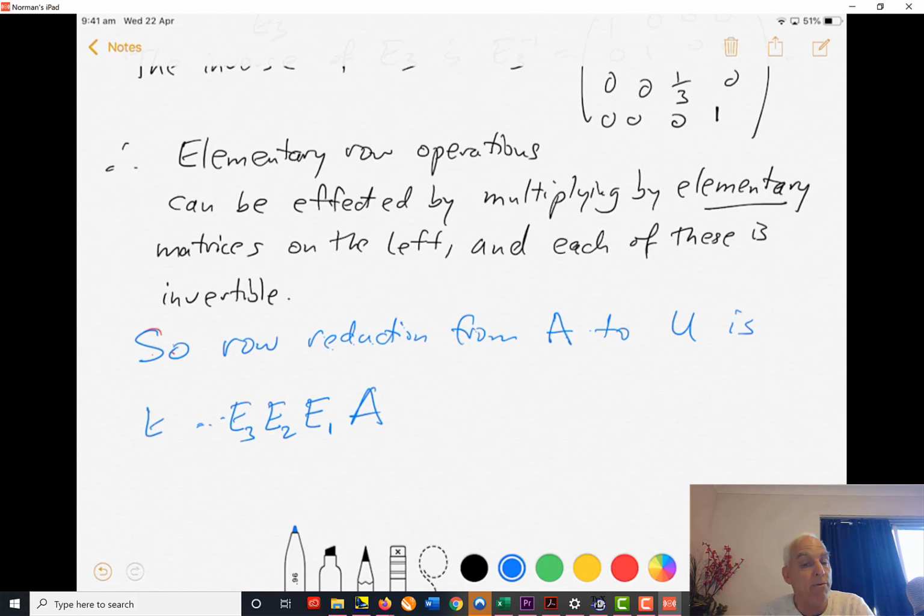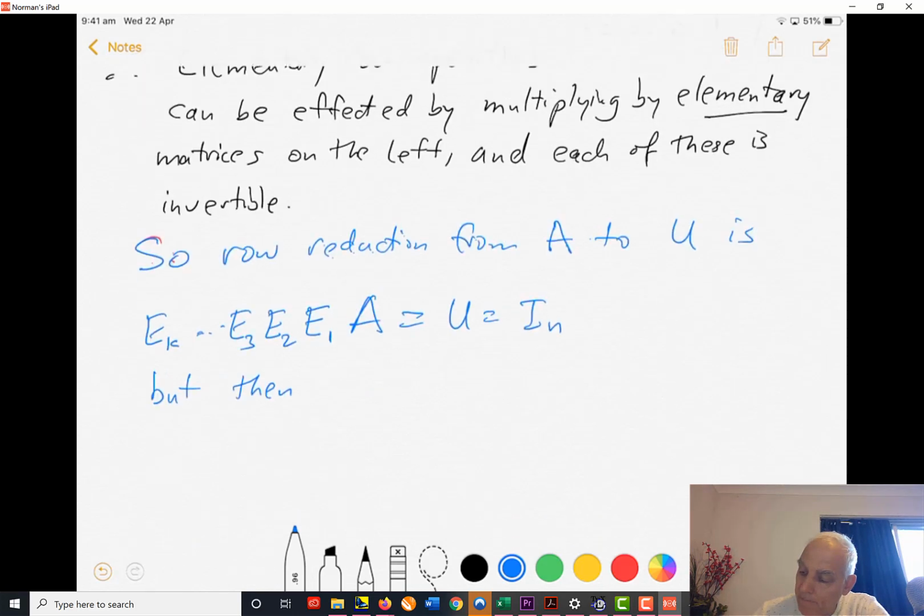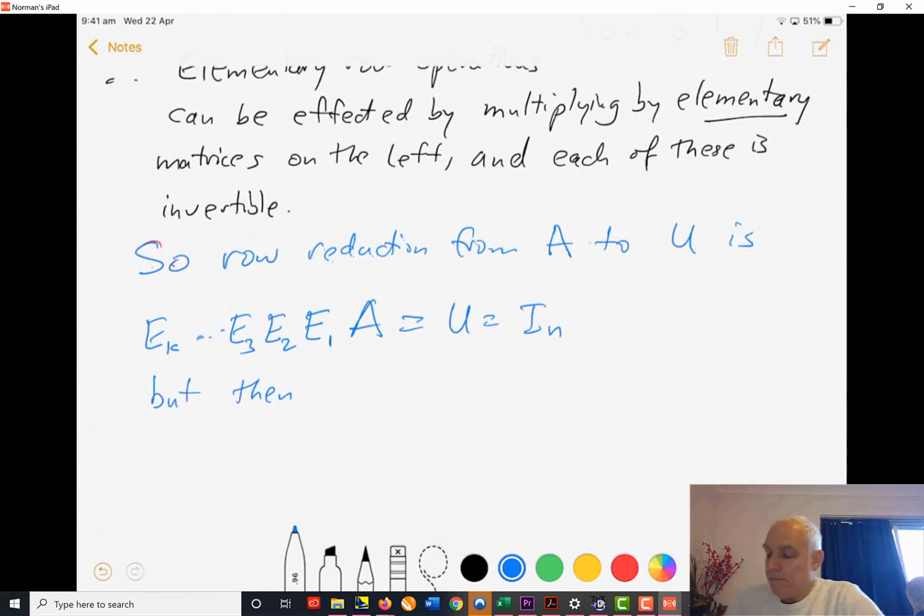So maybe we've done K operations altogether. And the effect of that is that we get U, which was the identity matrix.